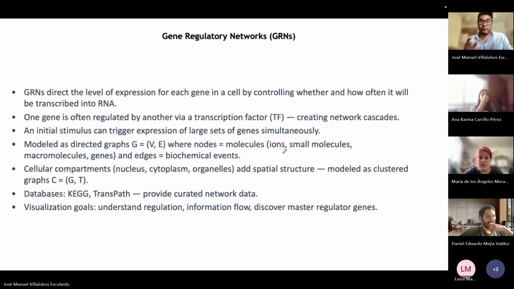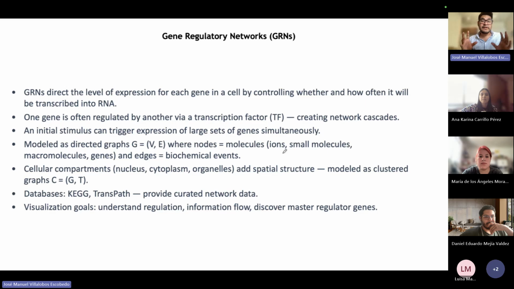So we have some kind of network. We are talking about a gene regulatory network, which is about the relation between the DNA, RNA, and transcription factors that respond to the stimuli. And we have this model that is a graph made of nodes and edges.